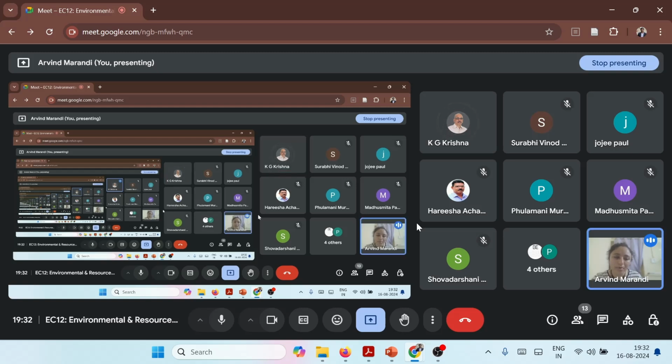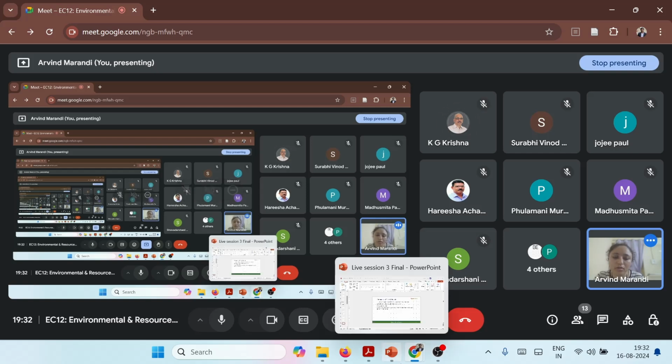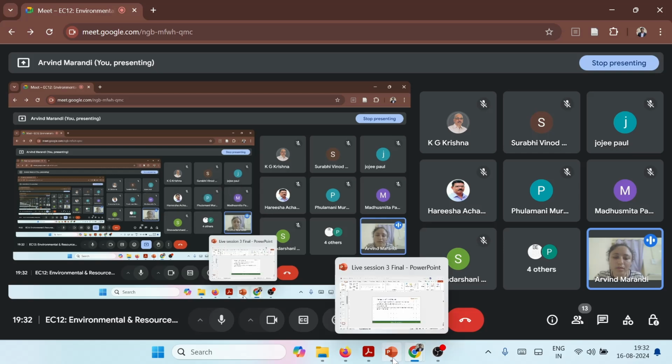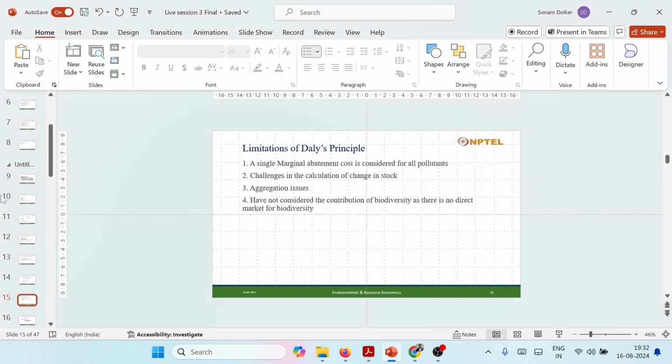Yes, that I'll be covering in the coming slides. If you have any suggestions on the current things which I'm covering, then you can add. Let's say that in Daly's principle, can you make some examples or anything which you want to add?